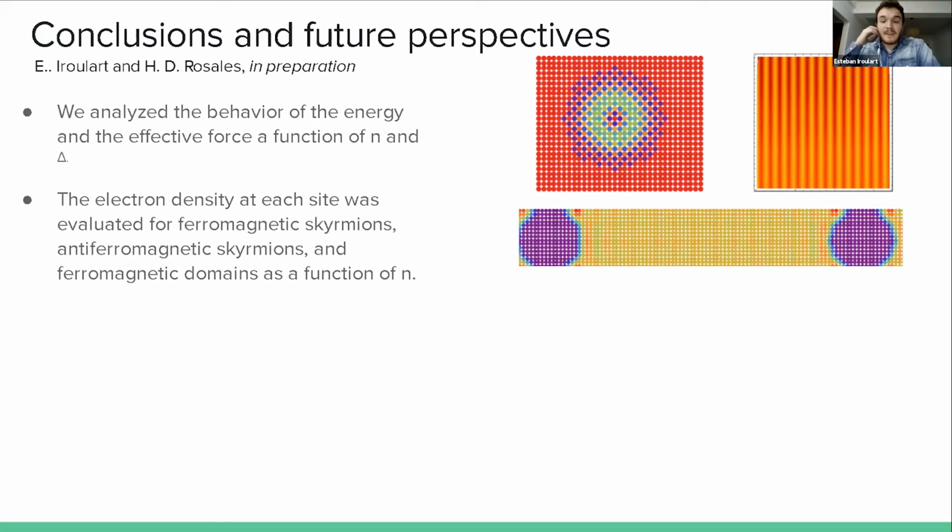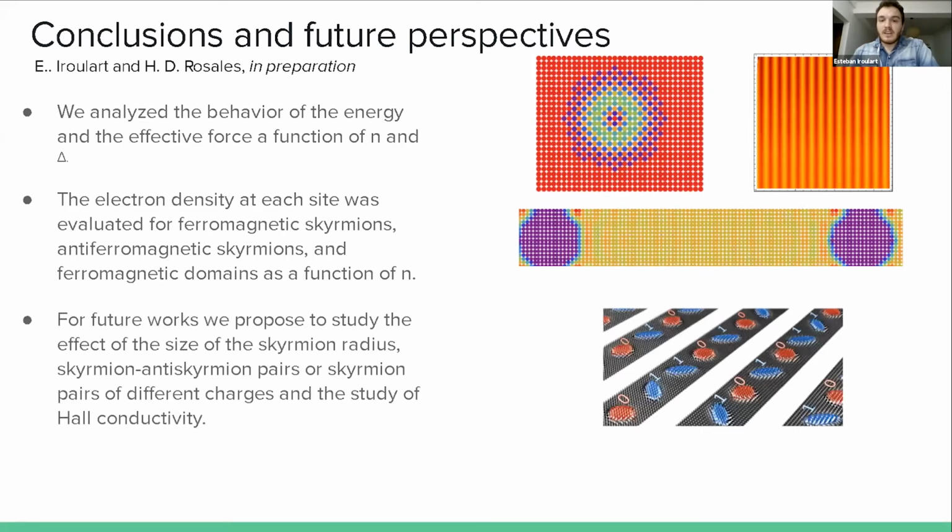We would also like to propose for future study the effect of the skyrmion, and then to study skyrmion and anti-skyrmion pairs or pairs with different topological charge, and the study of the conductivity. And that will be all.